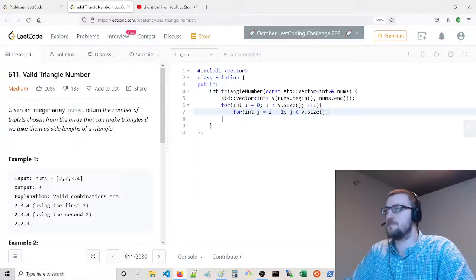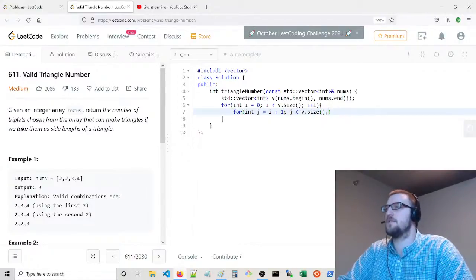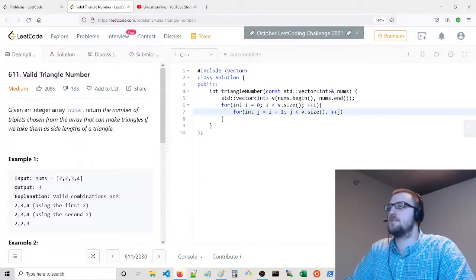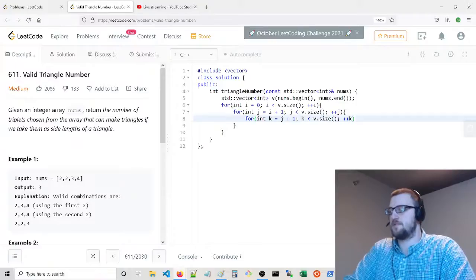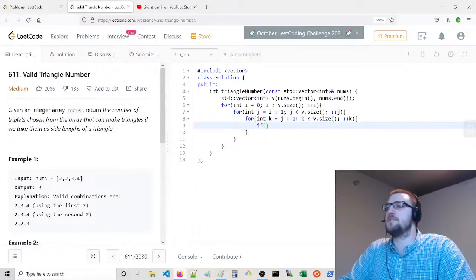We also want j equals i plus 1. Yeah, j equals i plus 1, plus j. k equals j plus 1. Let's do kind of a round robin type of thing. We'll say int a equals v of i, b equals v of j, and c equals v of k.